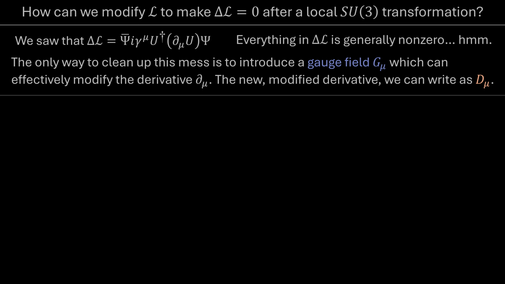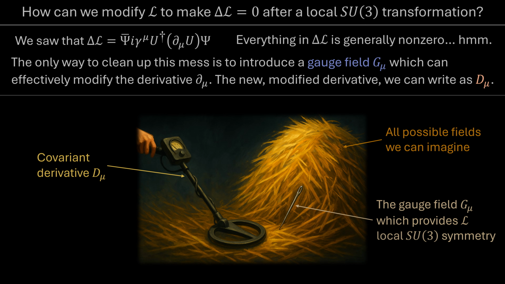So one way to think about it is like this. We have a Lagrangian that gets messed up under local SU3 transformations, and there's going to be a specific kind of gauge field which transforms in a specific kind of way that gives that Lagrangian local SU3 symmetry. And we don't have any choice in what that gauge field has to be. It has to be what it has to be. So this is sort of like looking for a needle in a haystack.